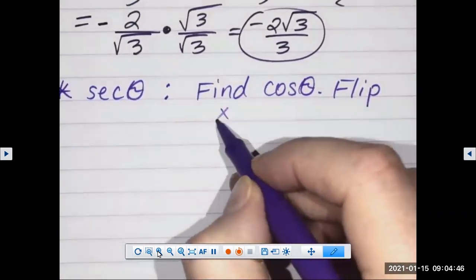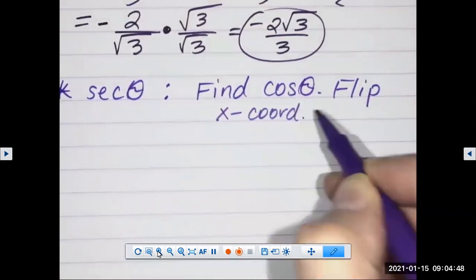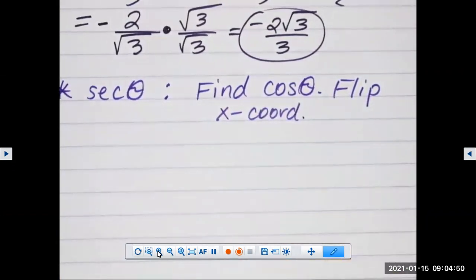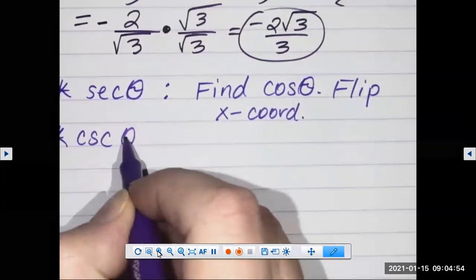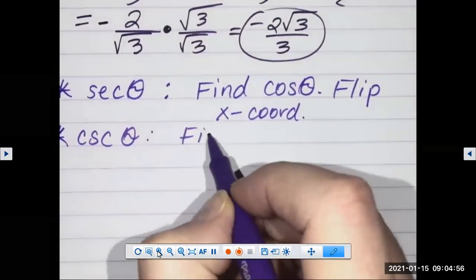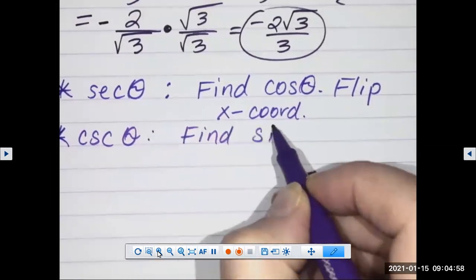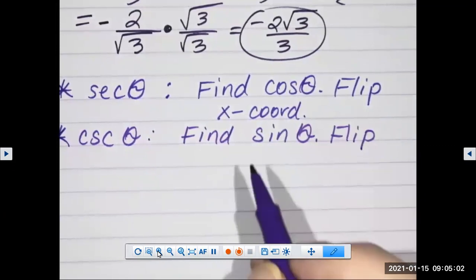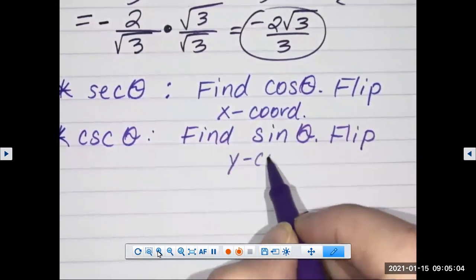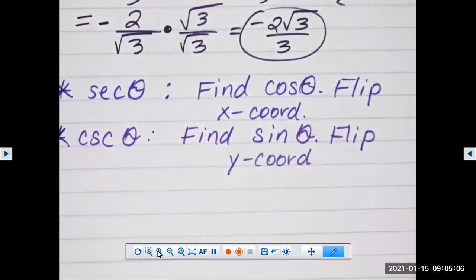X. So this is your x coordinate, and then you flip it and simplify it. If you're asked to find the cosecant of any angle, you find the sine of that angle and flip it. Sine is your y coordinate.